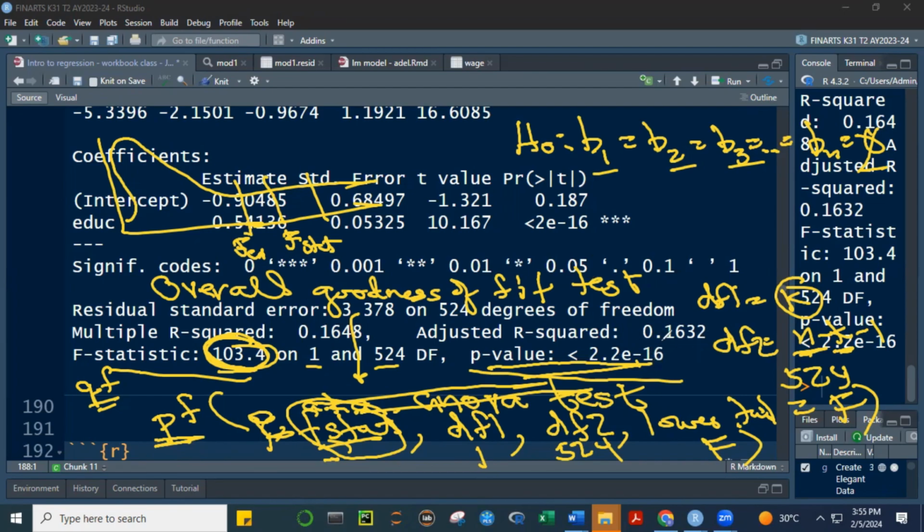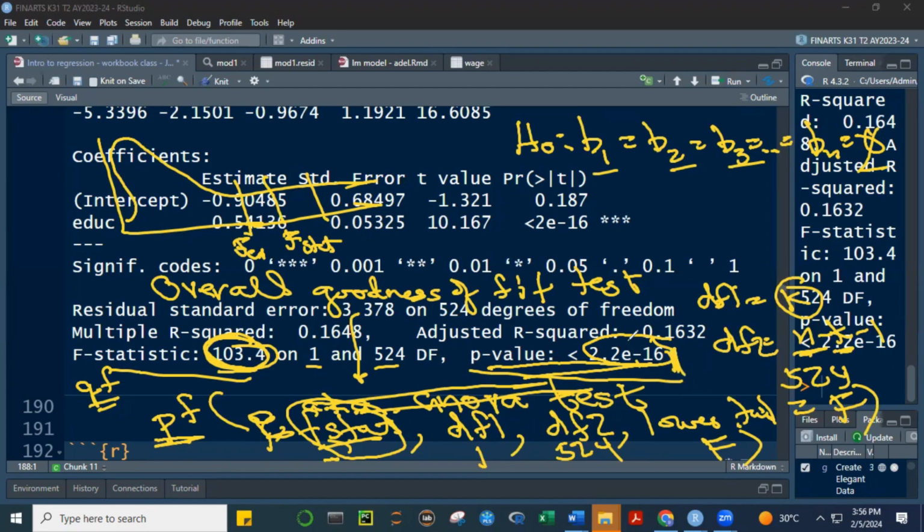Now, itong nakalagay dito, class, estimated ito. Hindi siya eksakto, no? Kasi ang nakukuha sa talagang computation is 2.7 e to the negative 22. I'll explain why this is different, no? Kasi dito 2.2 e to the negative 16. Sa limitation ng pag-compute.